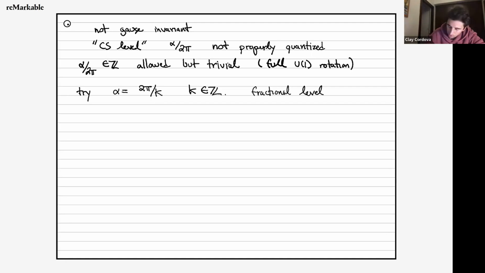Those of you who have studied three-dimensional gauge theory before might anticipate where I'm going: I'm necessarily going to get into some kind of fractional Hall physics. That will be the main trick here. So how can we make sense of a fractional Chern-Simons level? Well, it doesn't make sense on its own, but it does make sense as a response.